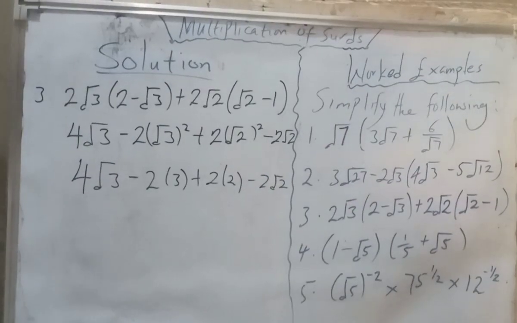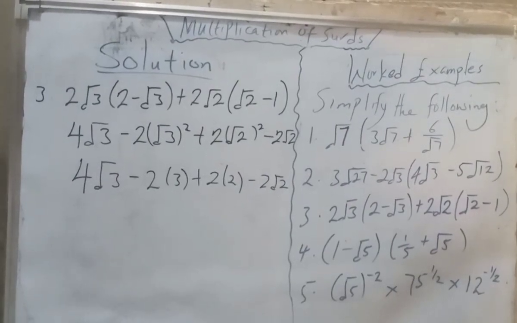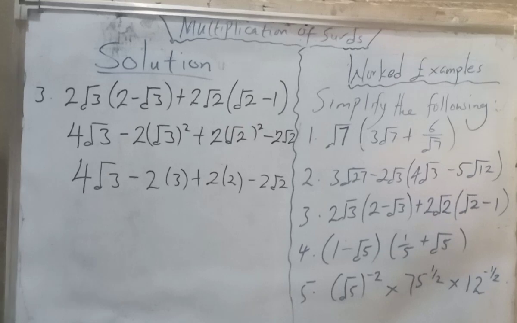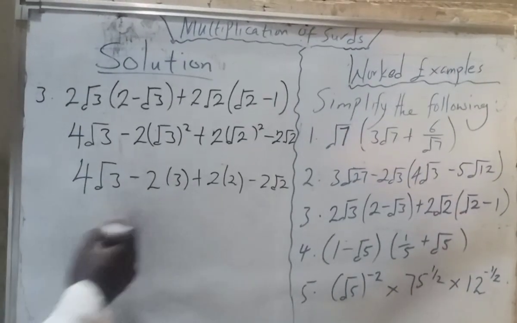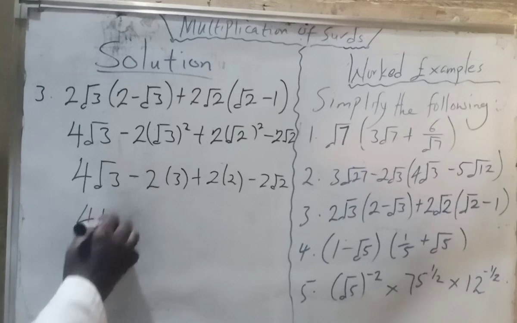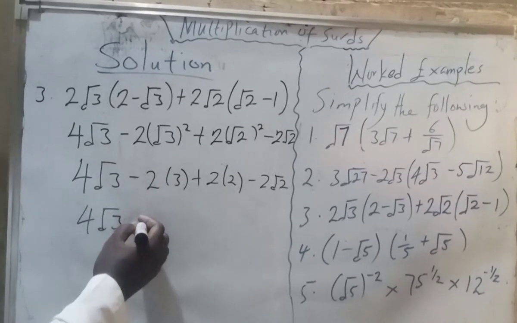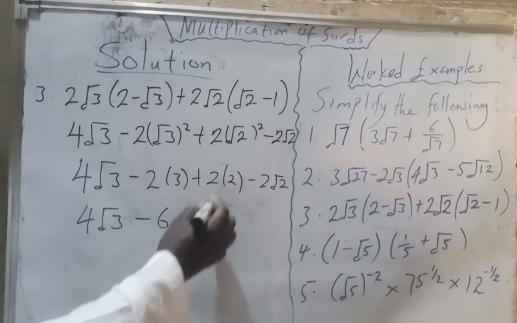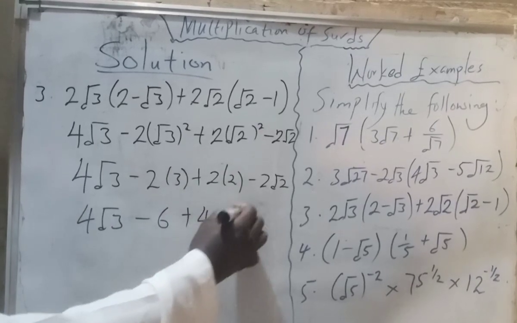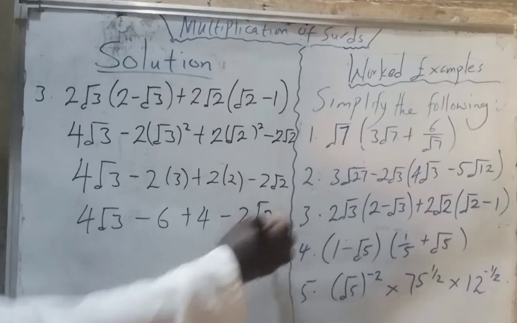So from here, we further simplify the like terms and even the unlike terms. So let's multiply first. 4 root 3 minus 2 times 3 will give us minus 6, plus 2 times 2 is 4, minus 2 root 2.